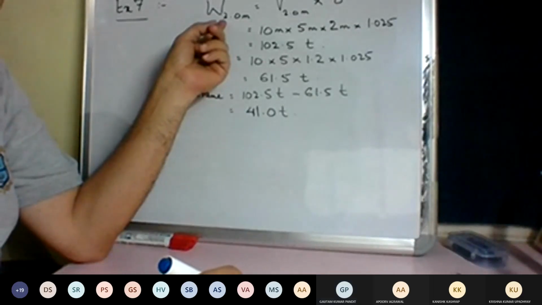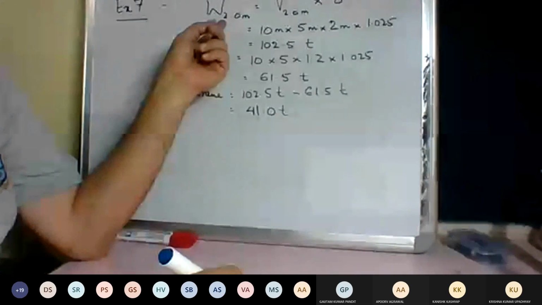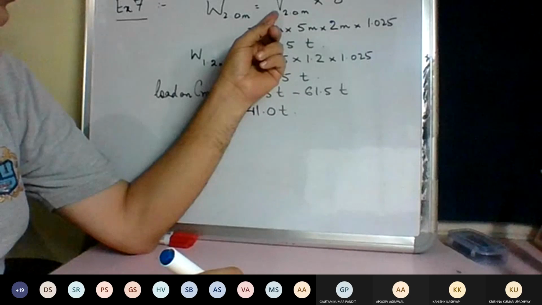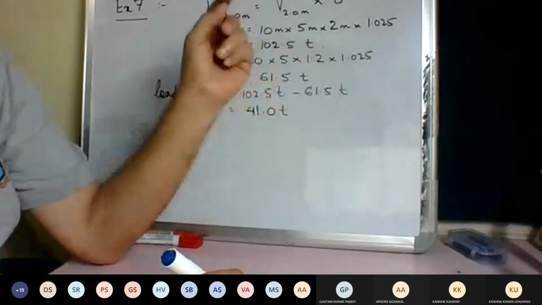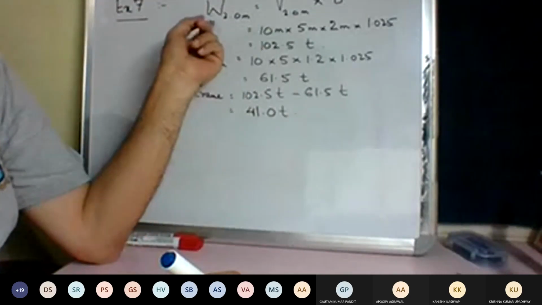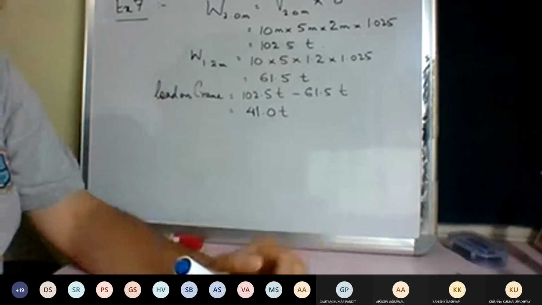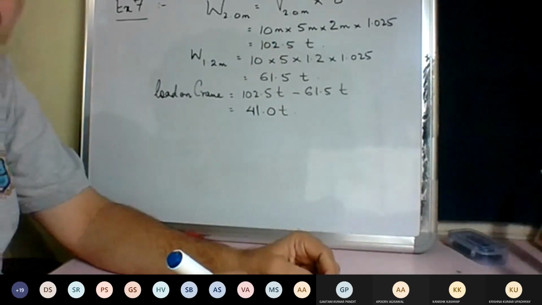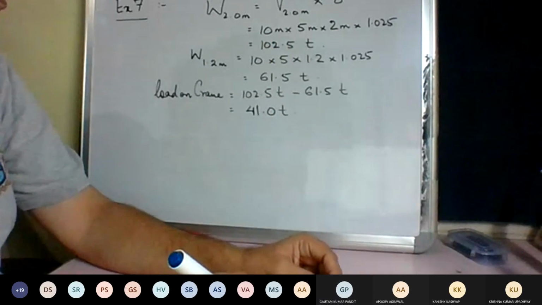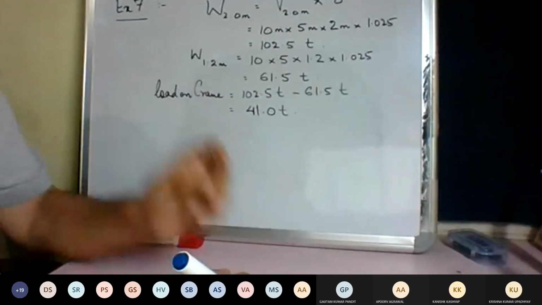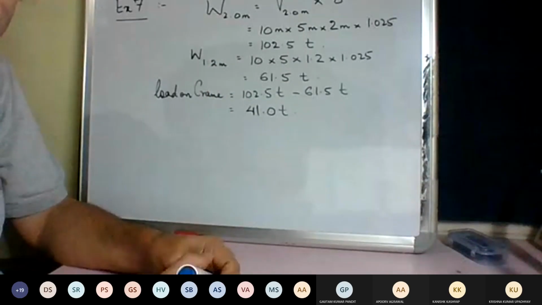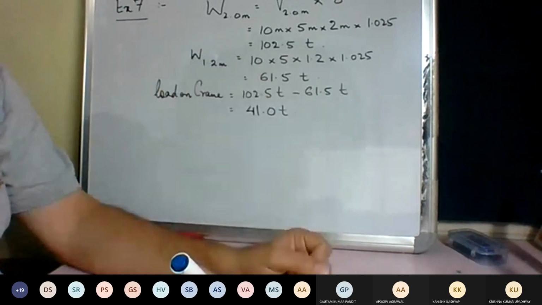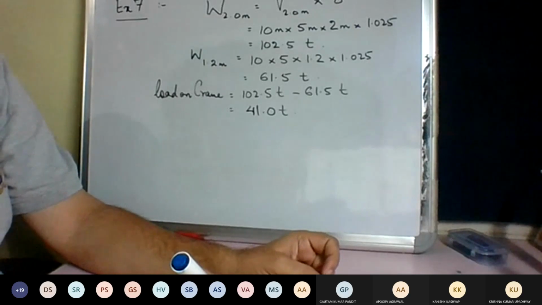When the draft is 2 meters of the rectangular barge, then it is 10 by 5 by 2, the volume, into the density in which she is floating. So the displacement when the barge is at 2 meter draft is 102.5 tons. When the crane picks up the barge to a draft of 1.2, then the displacement of the barge becomes 61.5 tons.